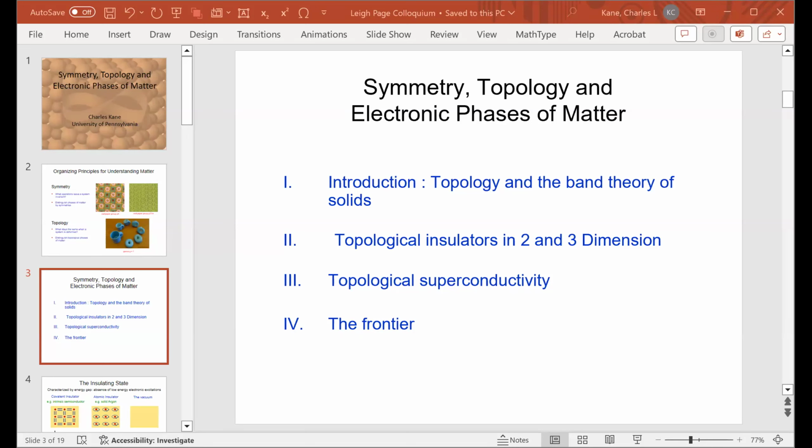Basically, the atomic energy levels in a crystal broaden out to form a band, and as long as the occupied orbitals are separated by an energy gap from the empty orbitals, it remains electrically inert. It remains an electrical insulator. Covalent insulators can have a rather complicated band structure, and that's something that we understand very well.